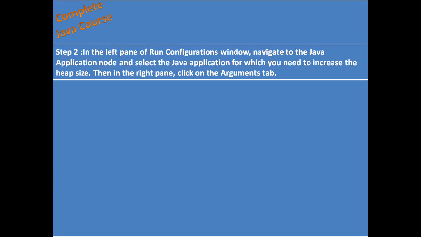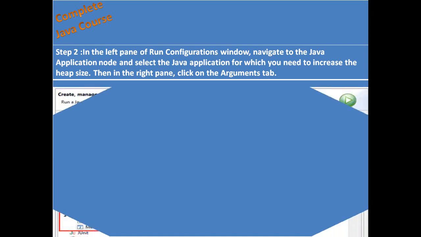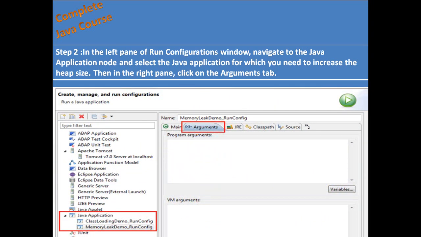Now step 2: in the left pane of the Run Configurations window, navigate to the Java Application node and select the Java application for which you need to increase the heap size. Then in the right pane, click on the Arguments tab. So when you open Run Configurations, this window will appear.